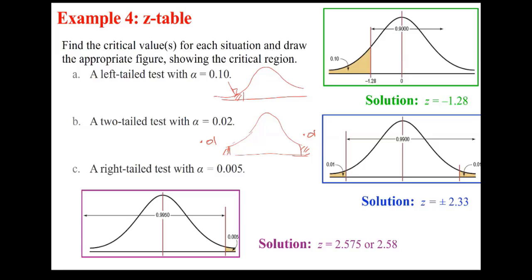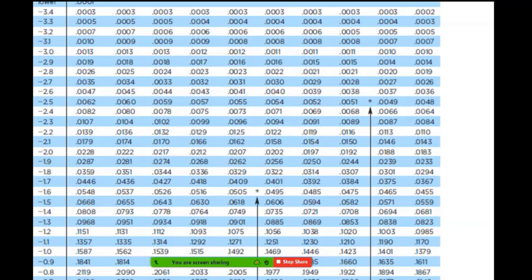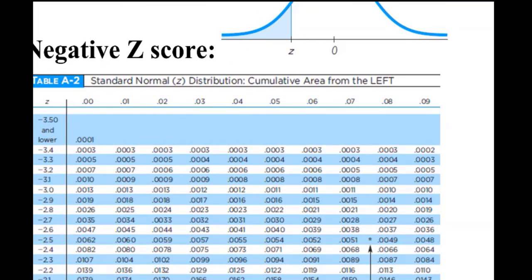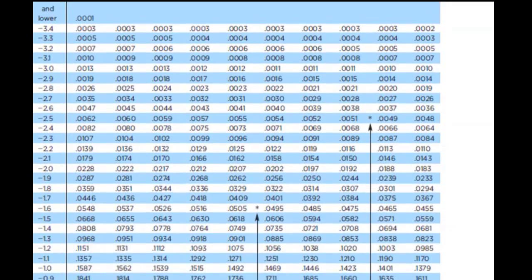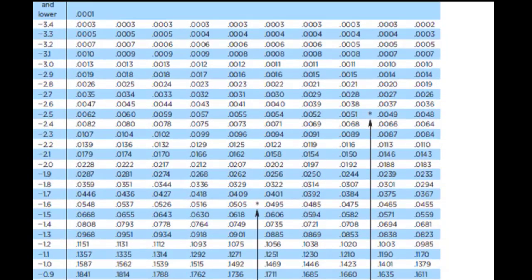I want to quickly show you how this thing works with the table. Let's discuss the first one. We said a left tail test with alpha 0.1. We want the area to the left. So I'm looking at negative z. So we want the area to the left to be 0.1. So what it means is that you look up the body, not the left column, not the top row.